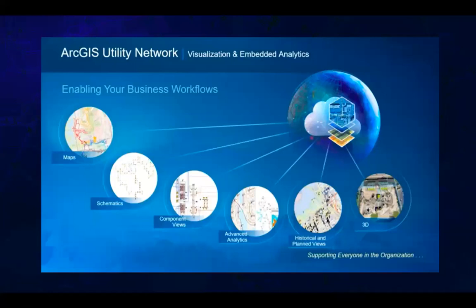So what that allows you to do is look back at how the network was designed, configured, and operating in the past, look at where we are now, and also look at projected or planned ways for the network to operate. And this allows the business to move from a reactive approach to a proactive approach. It allows you to better prepare.